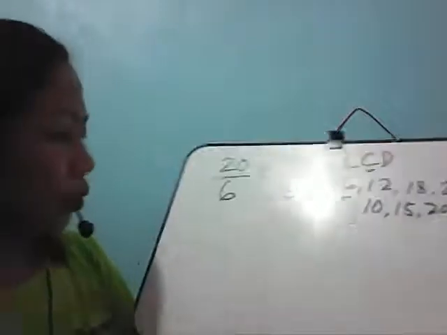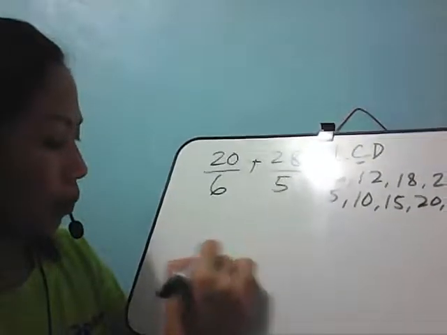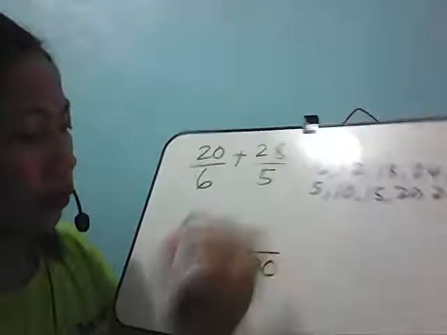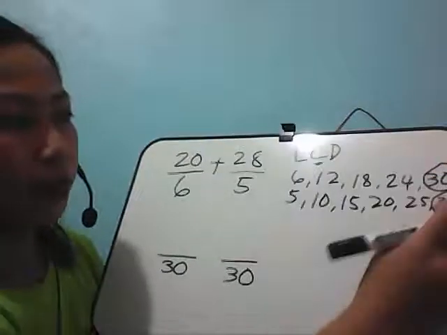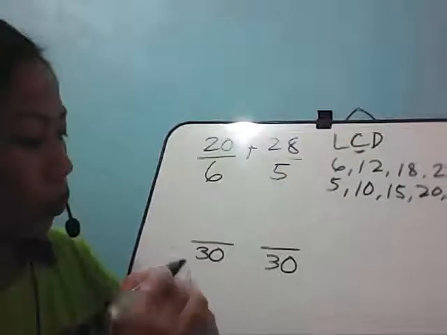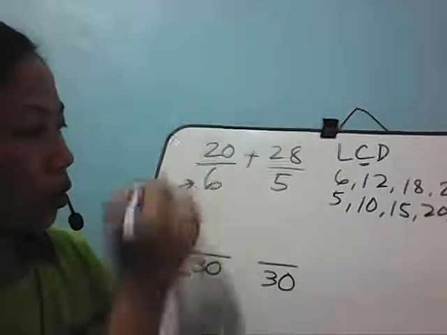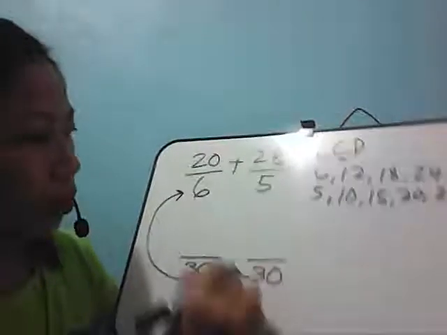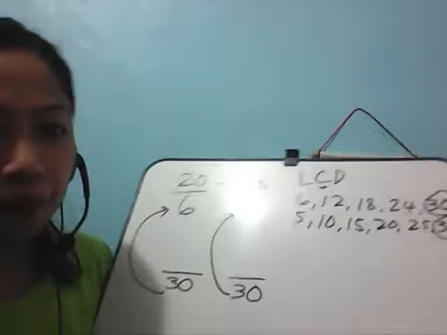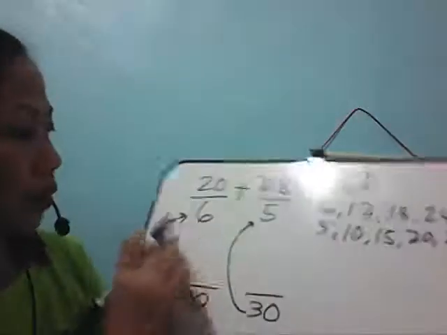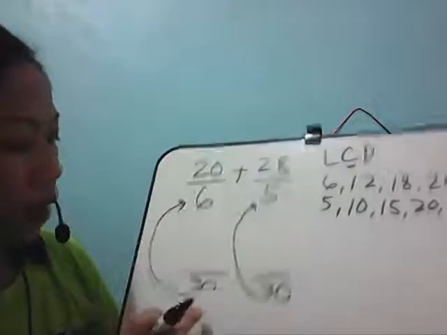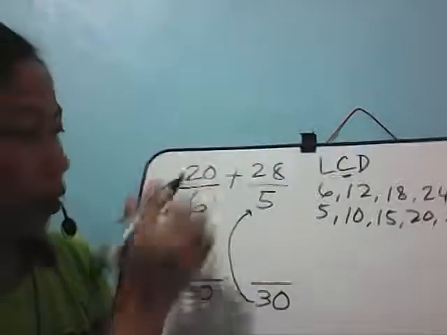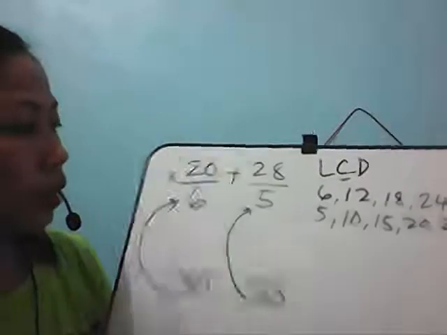Urong natin dito, baka hindi na naman magkasya. Now, what we are going to do is divide. I-divide natin ito, and after dividing, i-multiply natin ang sagot dito sa old denominator, i-multiply natin dito sa ating numerator.